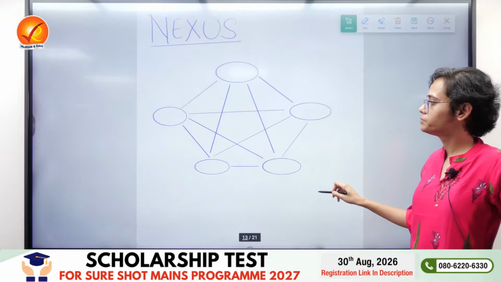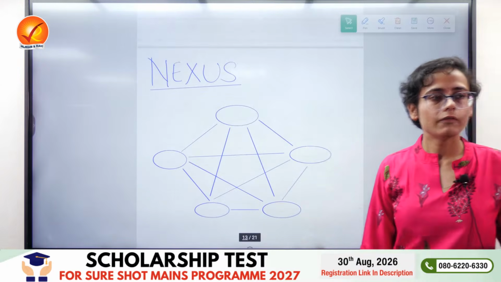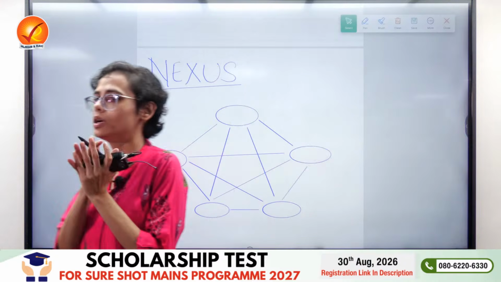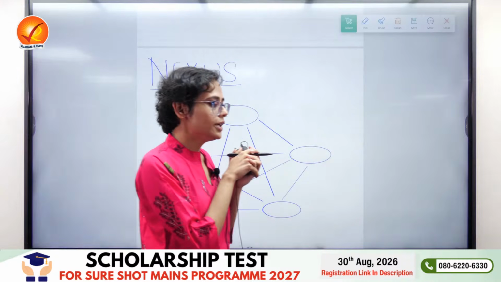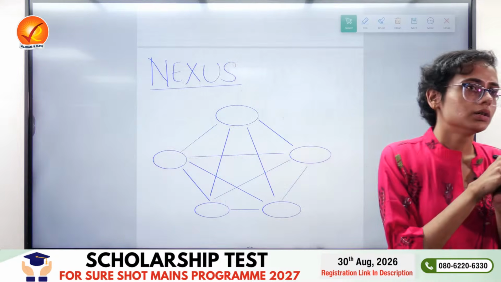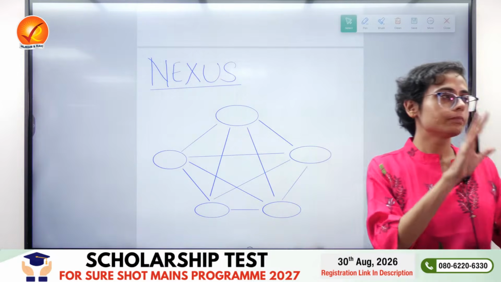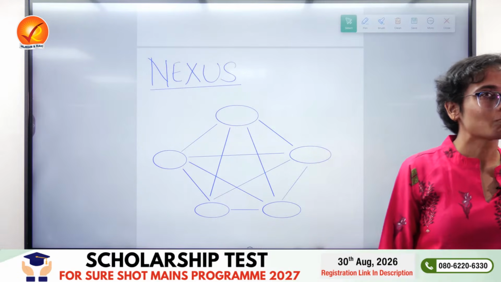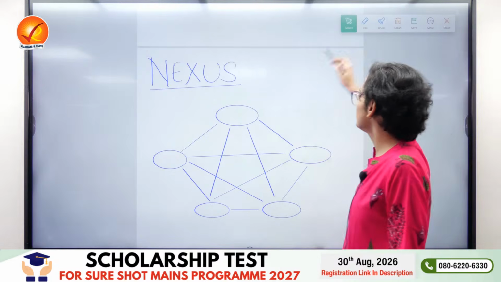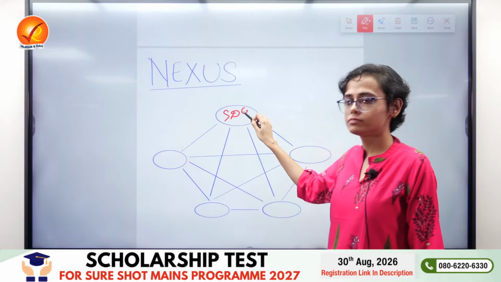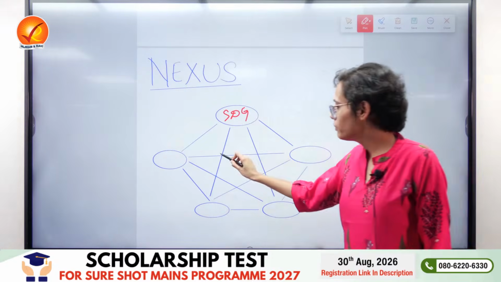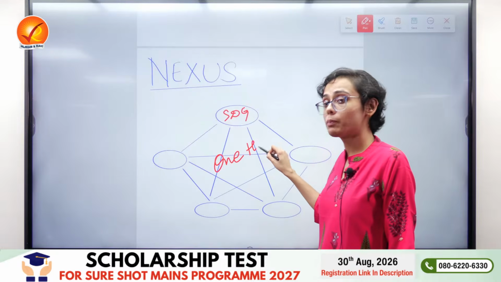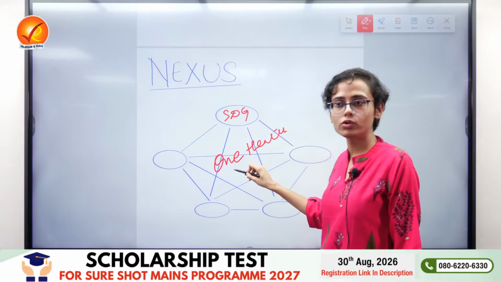Next is when we want to show the importance of one thing with the other things. Like I told you the example of SDG. You can make this nexus for, let's say, One Health approach. Do you know what is One Health approach?